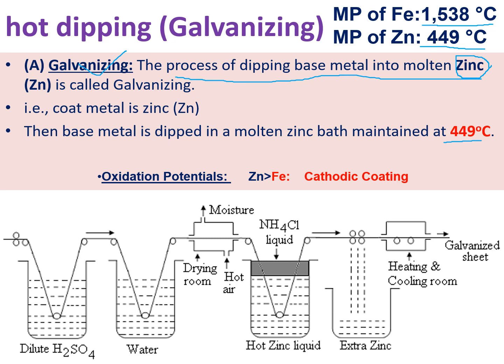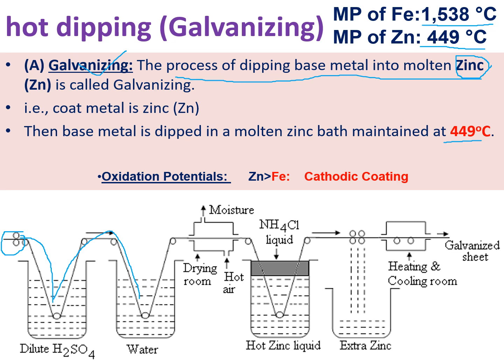First, take your iron metal, the base metal, and keep it in dilute H2SO4. Any already formed rust will be dissolved in the H2SO4. Next, it moves towards water, where you wash off any adsorbed H2SO4 over the surface.